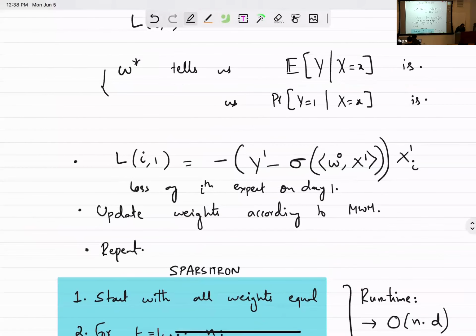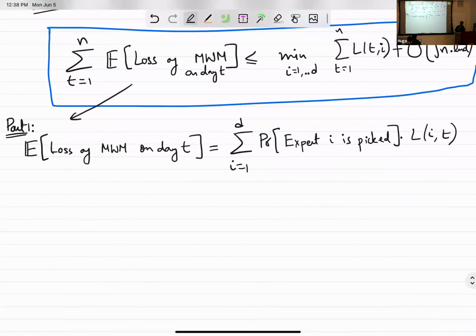Okay, so we said L of I comma 1 was the loss incurred on day 1. L of I comma T would be the loss of the ith expert on day T. And just formulaically, the expected loss is the probability that a particular expert is picked times whatever loss it incurs.